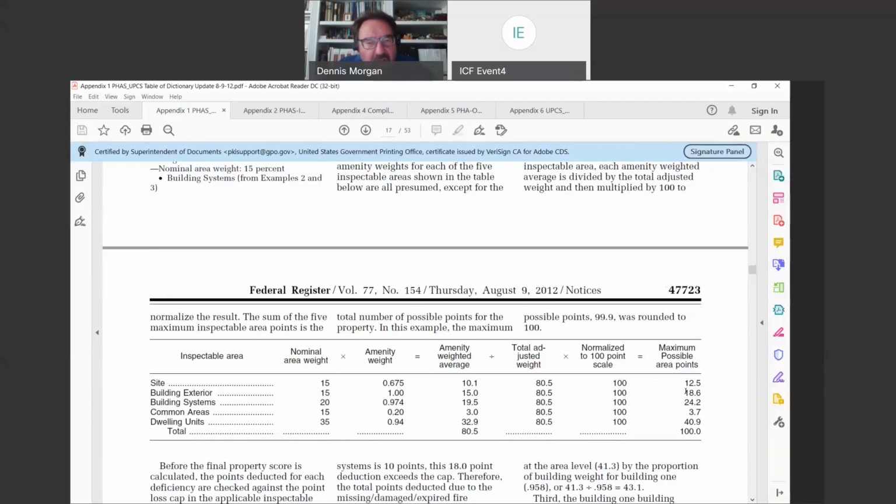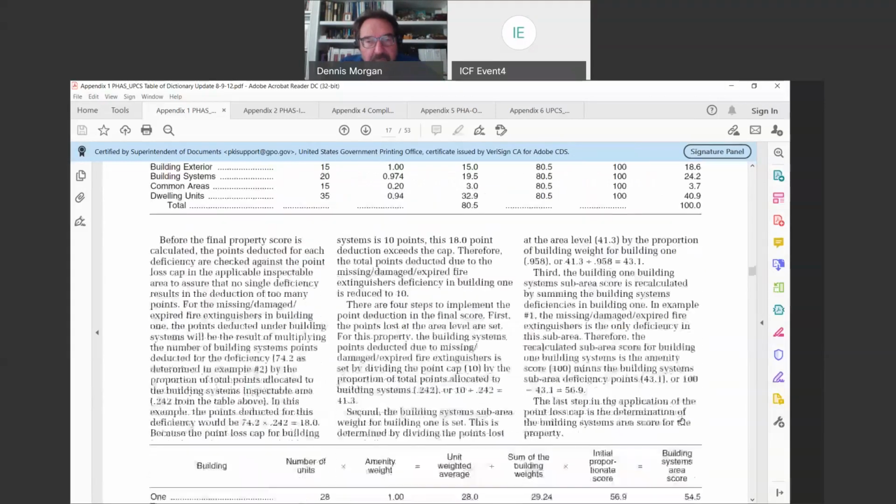So dwelling units, which are normally worth 35, are on this particular property worth 40.9. In other words, if I have a deficiency in those areas, that deficiency is going to count off additional points, because that's where they redistributed the points in the inspectable area.